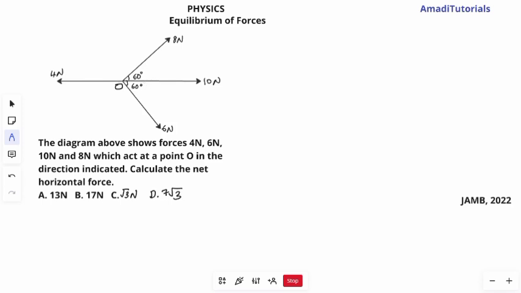You can see this 8 Newton force is inclined at an angle of 60 degrees. Being at that angle means it has two components: a vertical component and also a horizontal component. Why do I say so?